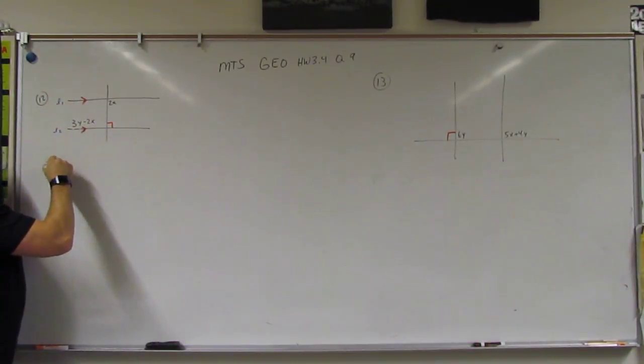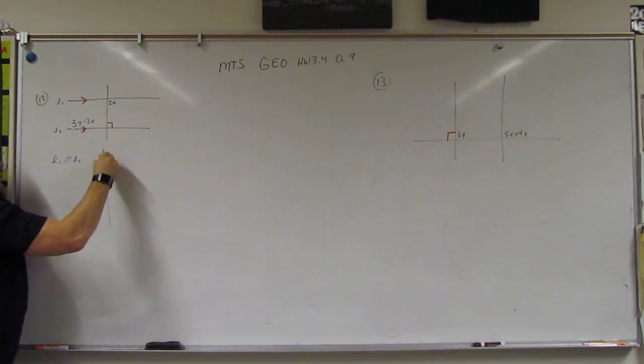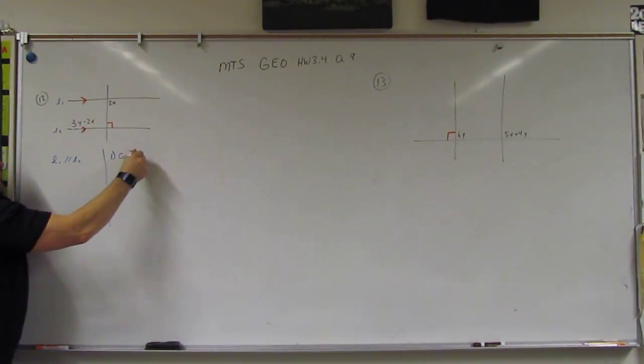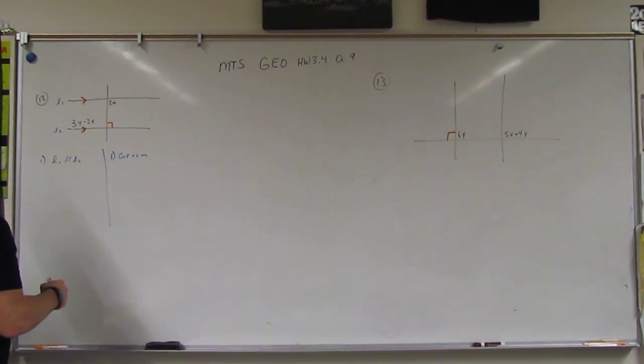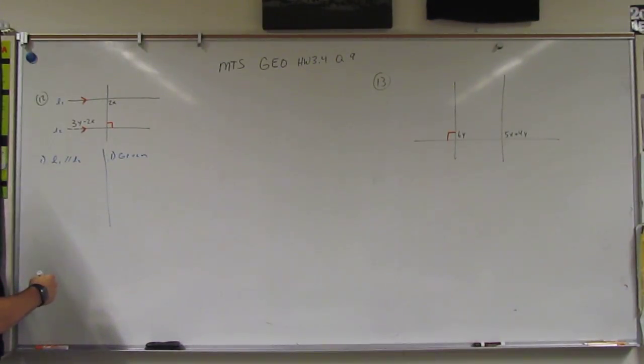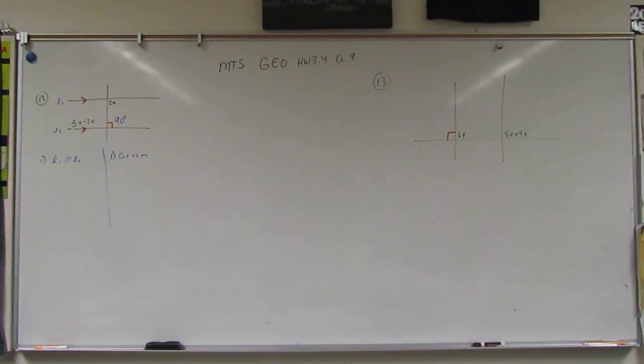So line 1 is parallel to line 2, and that's given. Let's also give another one. Let's say this is 90 degrees, because that's what a right angle is, correct?